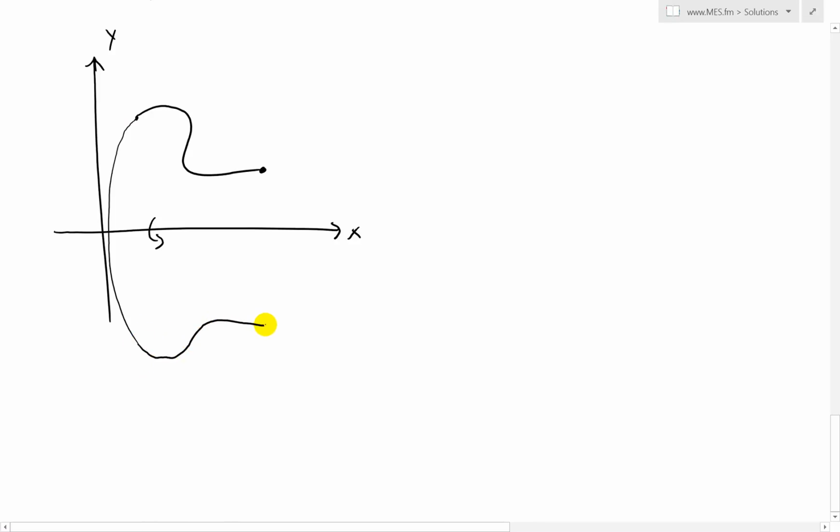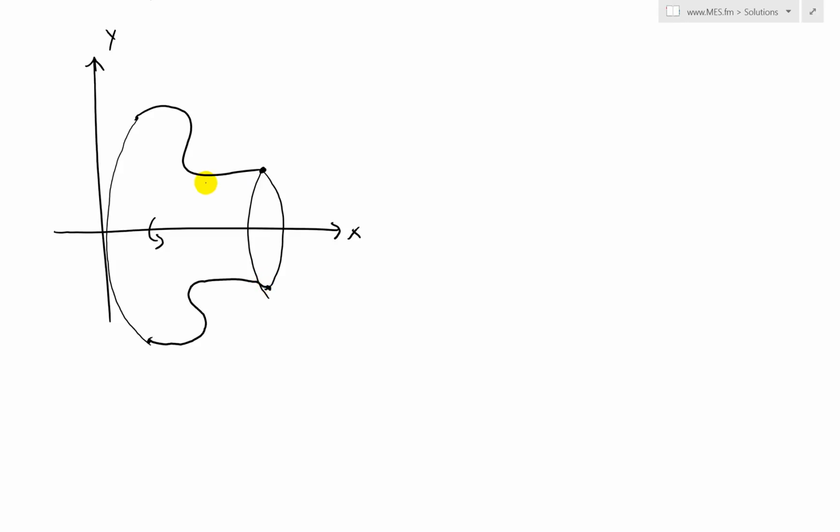This looks something like this. So let's draw it a bit neater, somewhere here, and then this goes down, up, so something like this. And then when you rotate it, you get something like that, where this distance across here, this is our y.